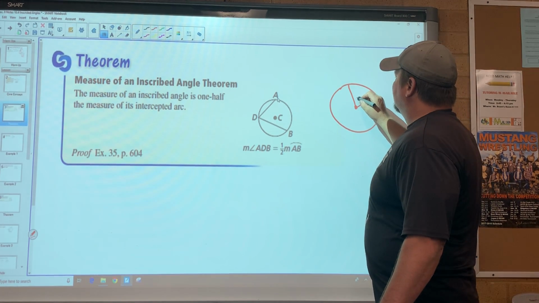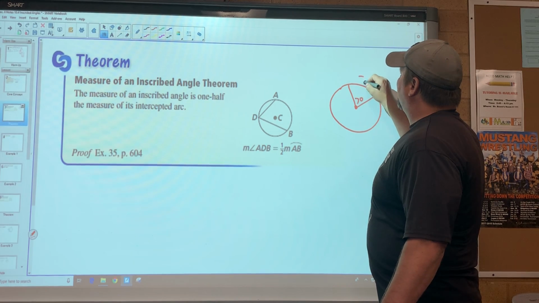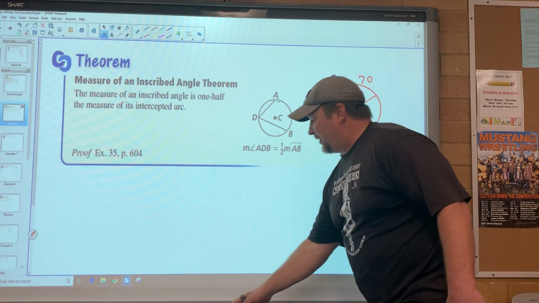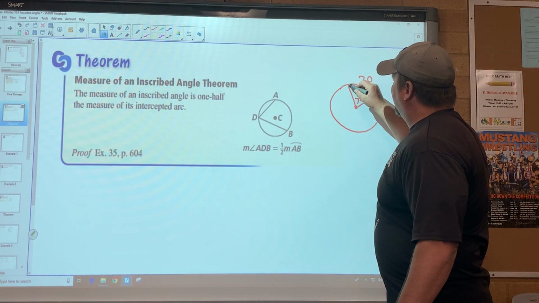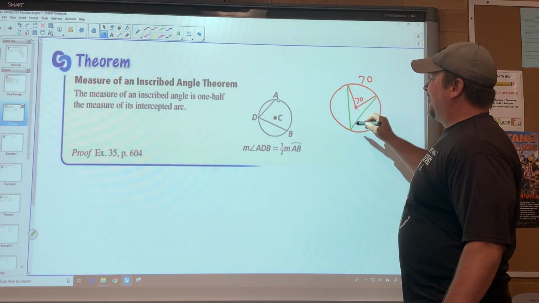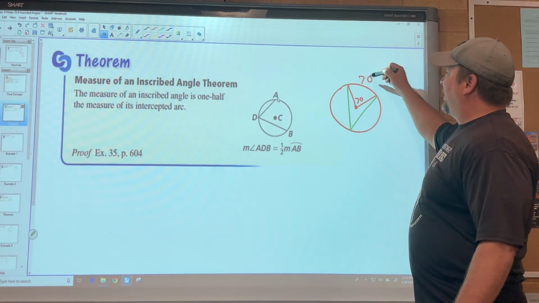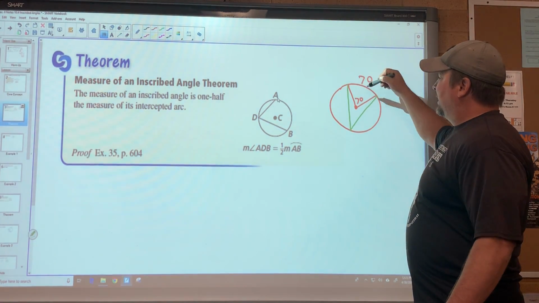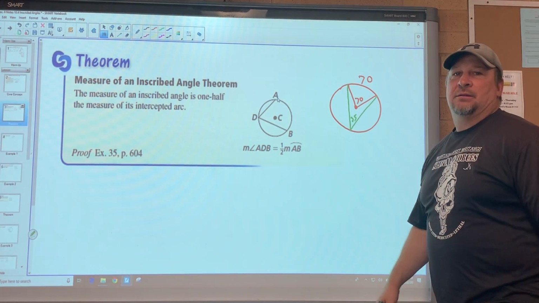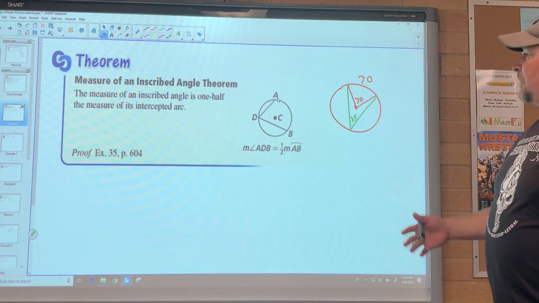So if this was 70, this would be 70. Everybody with me? But remember, now watch, what if I drew in this? See the green? It creates an inscribed angle. Well, then this arc is going to make this 35. It's going to be half as big. Does that make sense? I hope so.